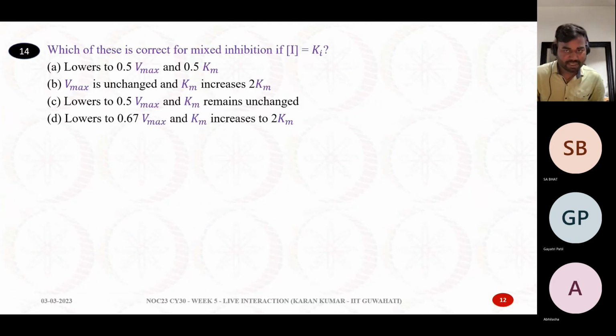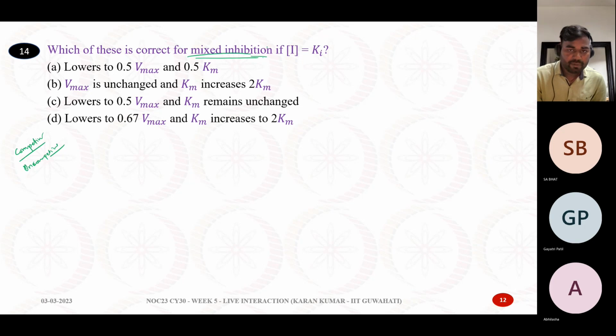Now for mixed inhibition. You have studied competitive, uncompetitive, and non-competitive, right? What happens in mixed inhibition?